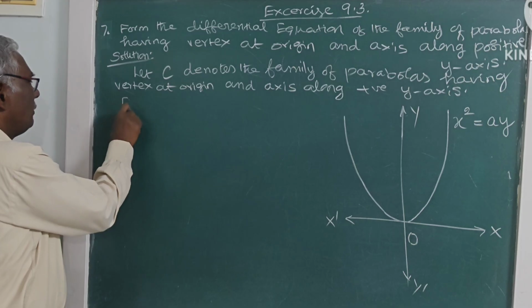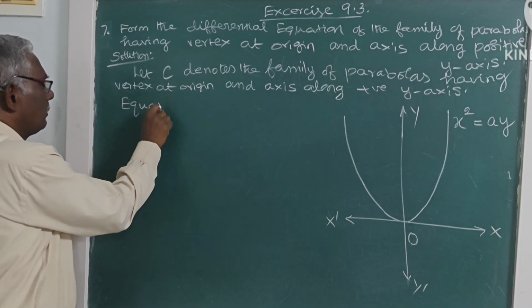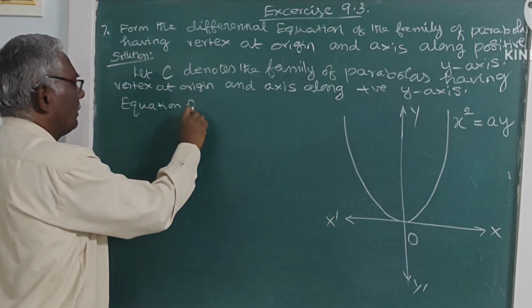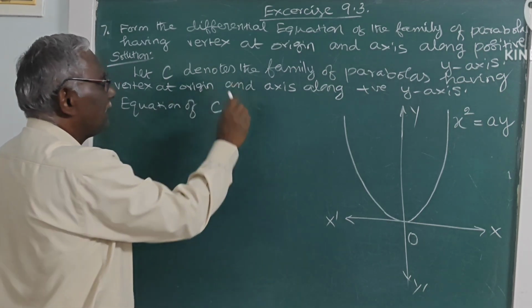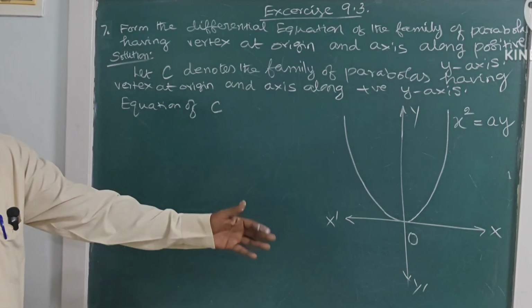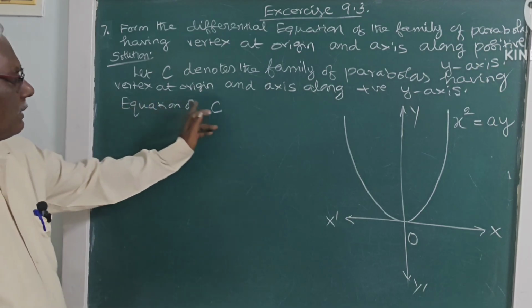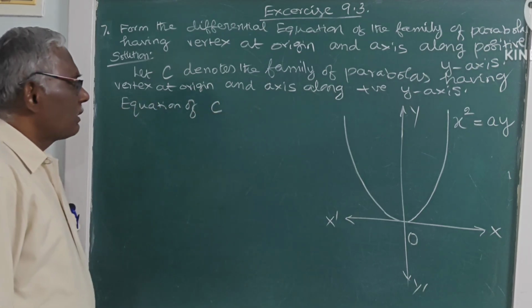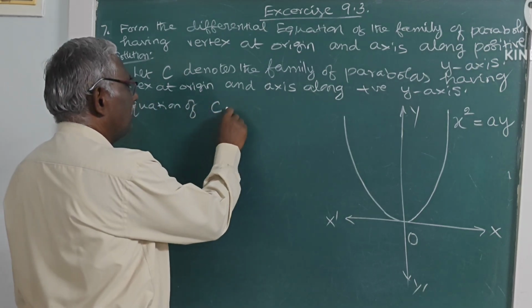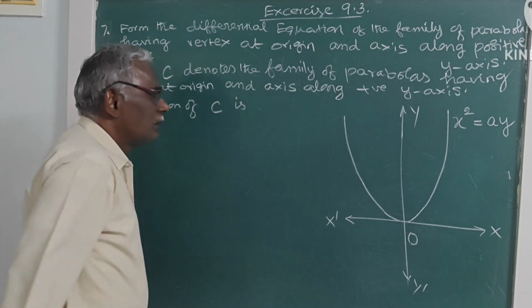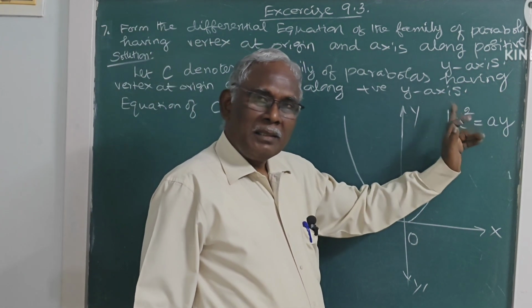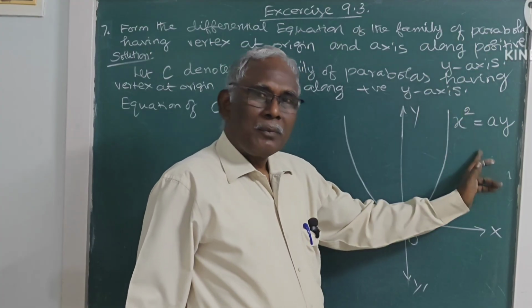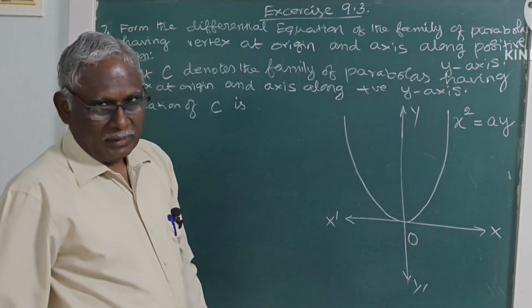So the equation of C, that is the equation of the family of parabolas having vertex at origin and axis along the positive y-axis. Equation of C is, here x square equals ay represents the equation of the family of parabolas.